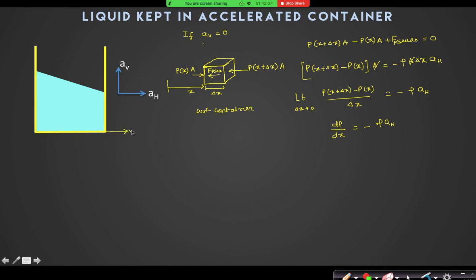Have you got it? If this is x, this is y, then I can say that the pressure will decrease in the direction of acceleration, or pressure will increase in the opposite direction to the acceleration.